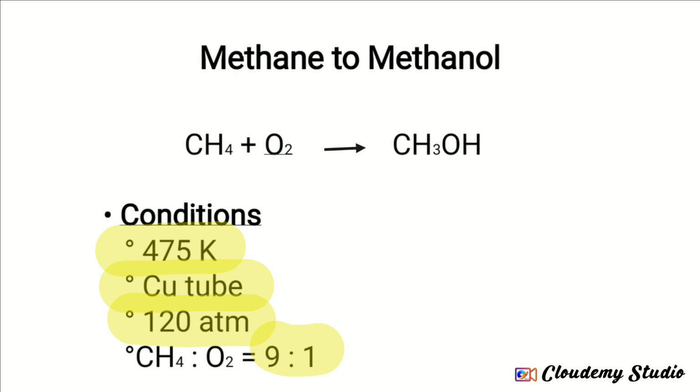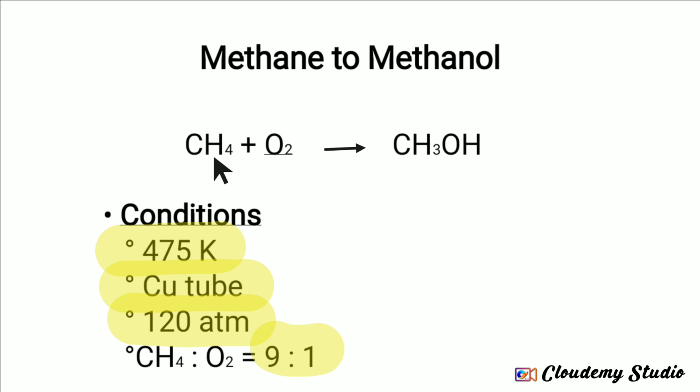That is, the copper tube has to be heated to around 475 Kelvin. So under these conditions, the reaction takes place, that is, methane reacts with oxygen. As a result, the methane is converted into methanol.